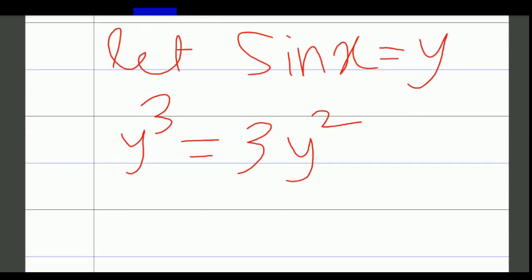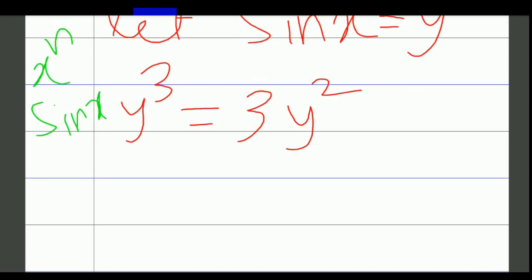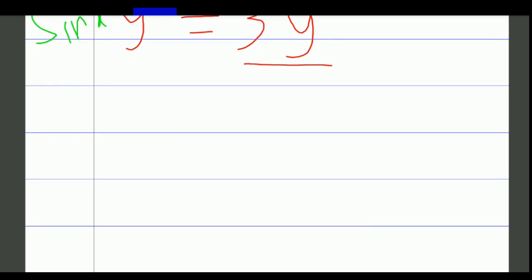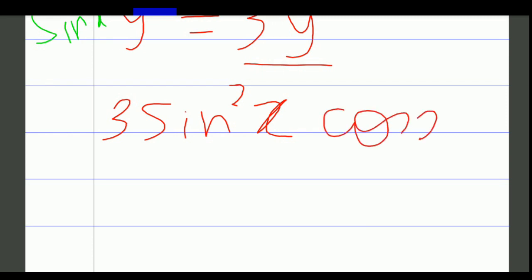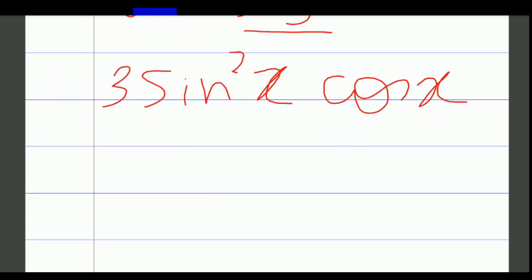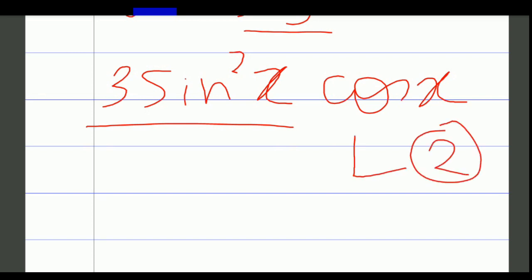We use the formula x raised to n, that is n x raised to n minus 1, and the derivative of sin x. Now we replace y, that becomes 3 sin square x. The derivative of sin x is cos x, which is going to multiply with this. Now consider this as equation number 2.